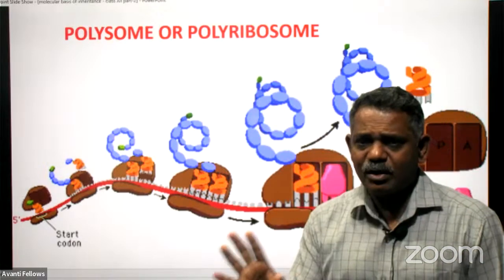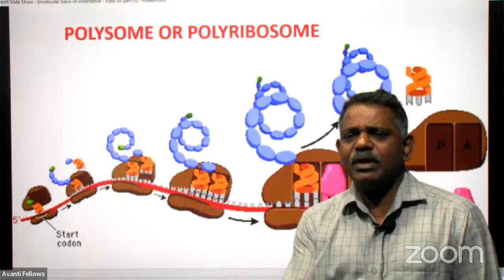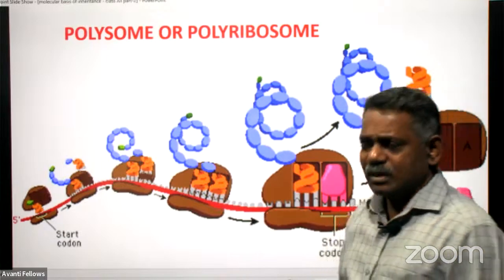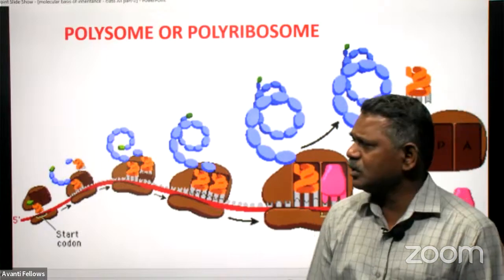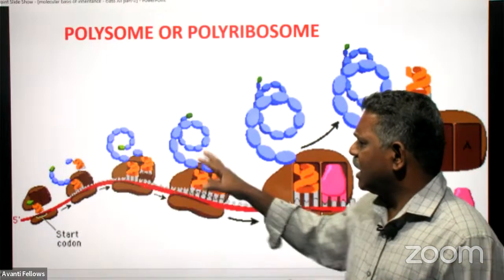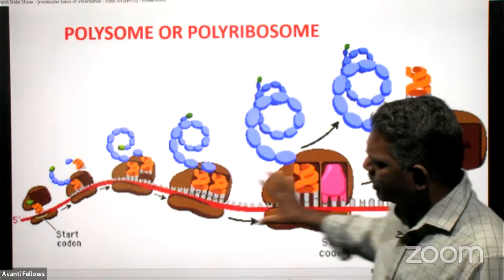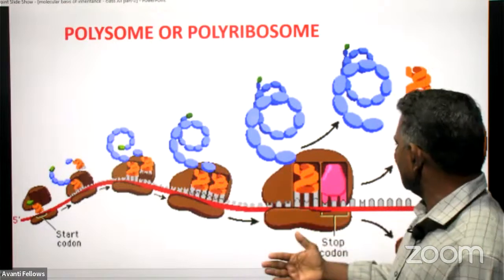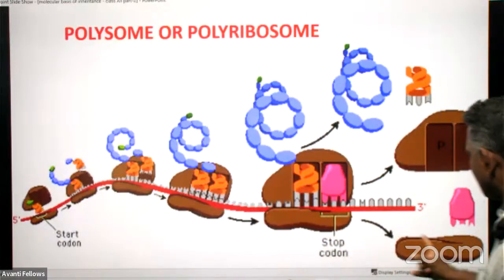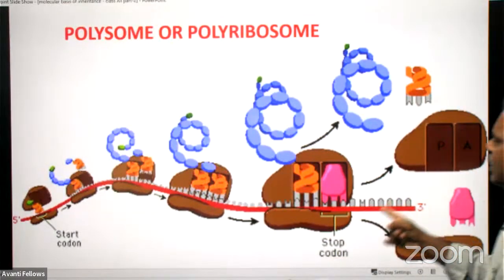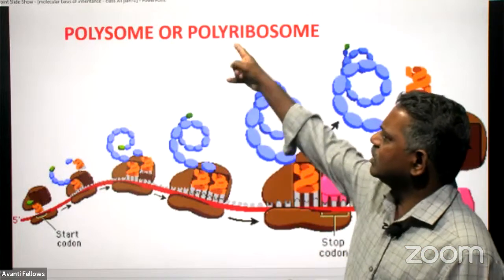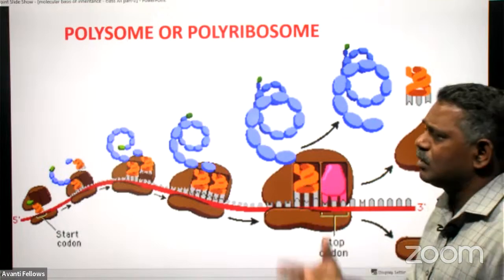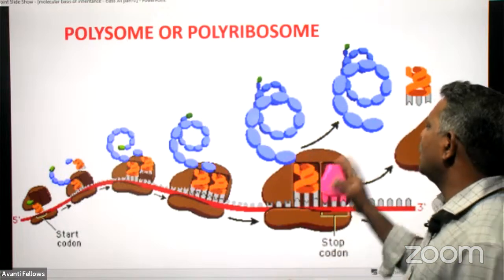Sometimes whenever we observe it with a highly magnifying microscope, we are able to see mRNA connected with many ribosomes. So at the end, all the ribosomes will detach and go to the cytoplasm, right? And this we call the polysome or polyribosome. Poly means a number of ribosomes attached to the mRNA.